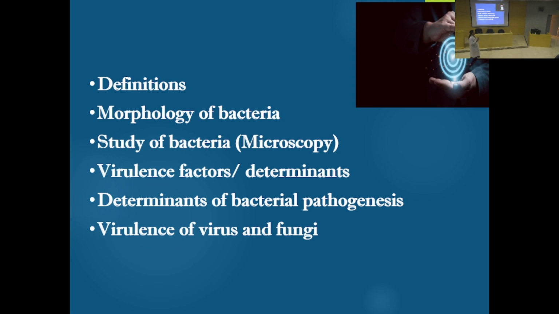So what makes them pathogens? That explains the virulence factors, also called virulence determinants. Then the determinants of bacterial pathogenesis: what is the cycle involved from the time the host is exposed to the infectious agent, and once it enters inside, what are the steps involved? And finally, a short flavor on virulence of virus and fungi.